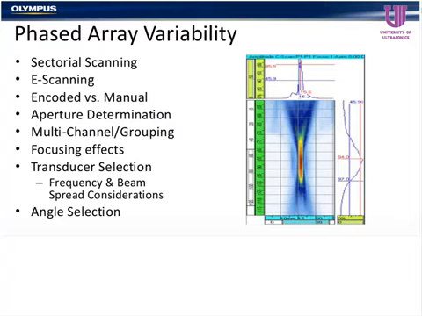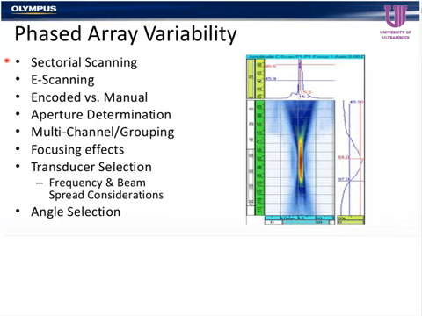Okay, so we look at all of those items, we kind of put them into a list, and we go down that list one by one and look at each one and try to put more purpose to them. So instead of just blindly picking a sectorial or an E-scan, looking at those separately and asking what benefit are those going to serve to the inspection.